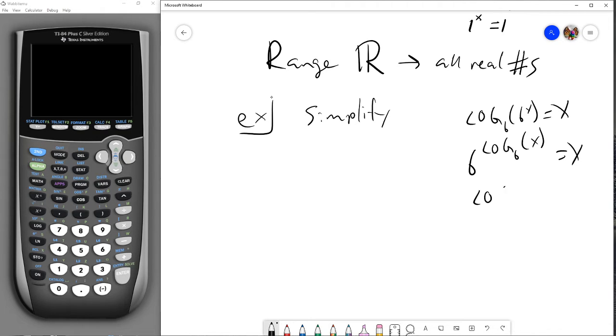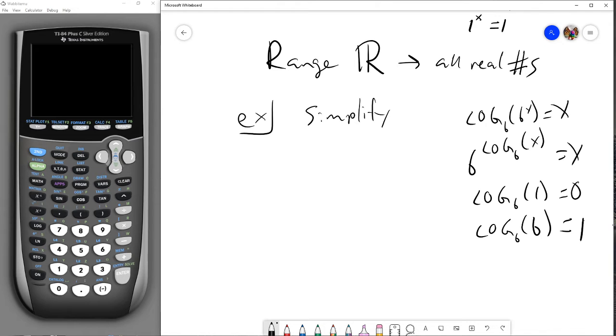We have these other two, which we could think of as a property, where if you plug a 1 into a log, you get out 0. If you plug in a value that's the same as the base, you get out 1. So those are our properties that we proved.